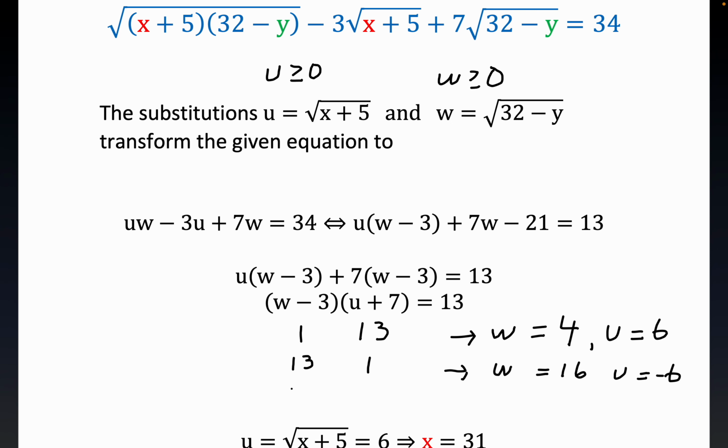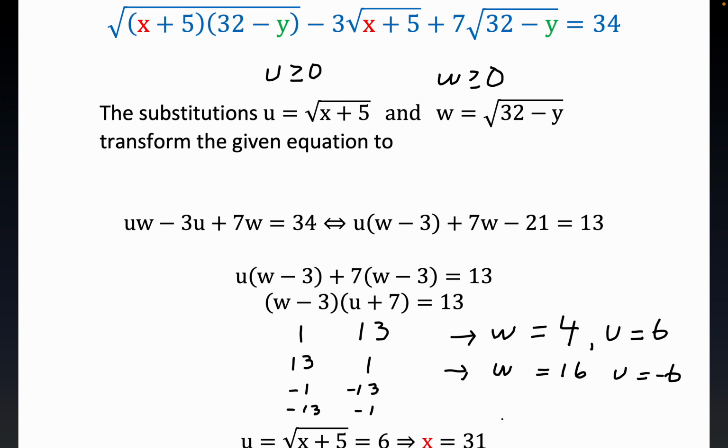Now, it doesn't take much work to see, I'll write this down but I won't carry it out, that you get nothing but negative values if you do negative 1 times negative 13 and negative 13 times negative 1. Both of these lead to no solutions. If you have nothing but negative numbers set equal to these expressions, you're going to get at least one negative number back and have to reject it.